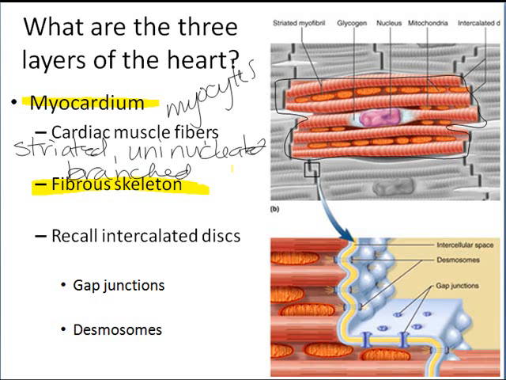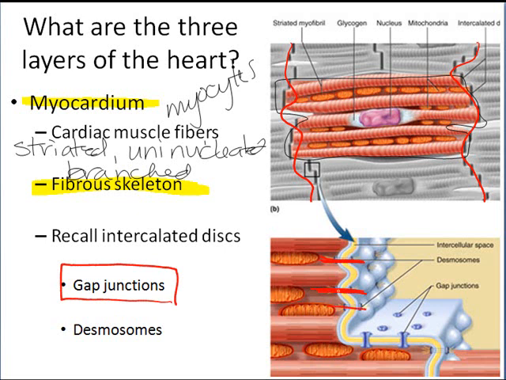One feature I want to mention or remind you about that relates to the myocytes is how they attach to each other. And they attach to each other by these specialized structures called intercalated discs. And I know you learned about these with histology, but let me just remind you of a couple important features that are located in each of these intercalated discs between myocytes. First of all, in these intercalated discs, you find gap junctions. Gap junctions are holes or points of continuity between one myocyte and the next myocyte, and they are like little tunnels that connect the cytoplasm of one cell to the cytoplasm of another.